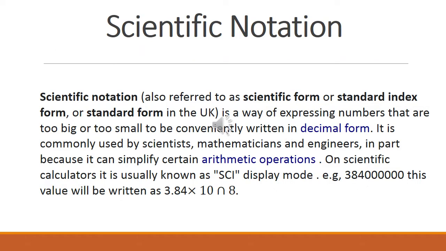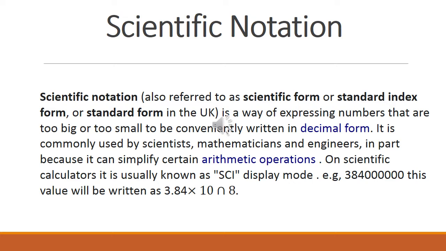Okay students, our next topic is scientific notation, which is a specific method of writing very large or very small values with the help of power of 10. Scientific notation is also referred to as scientific form, or standard index form, or standard form in the UK.